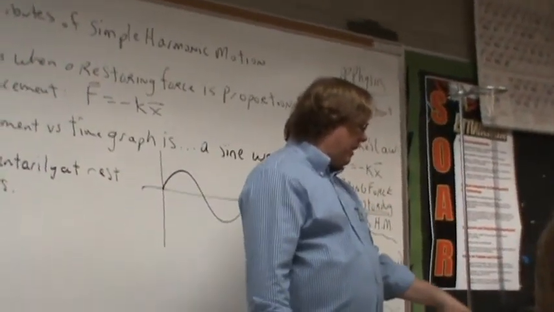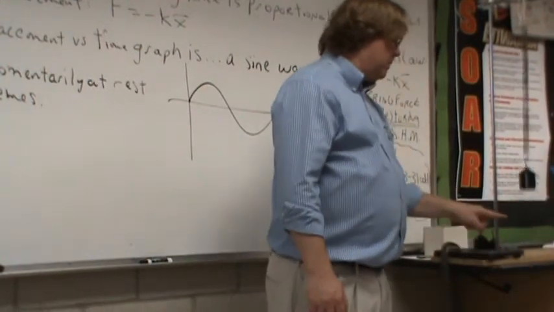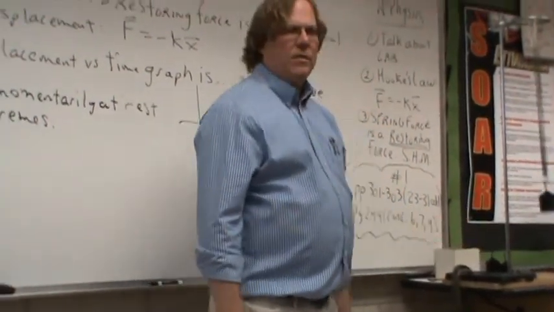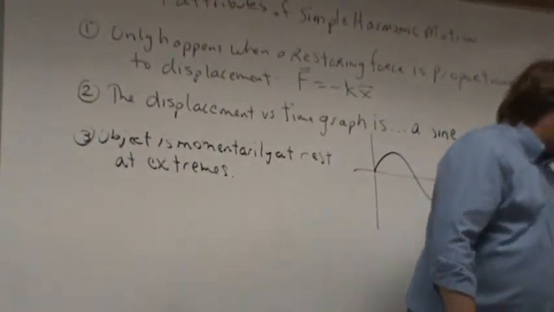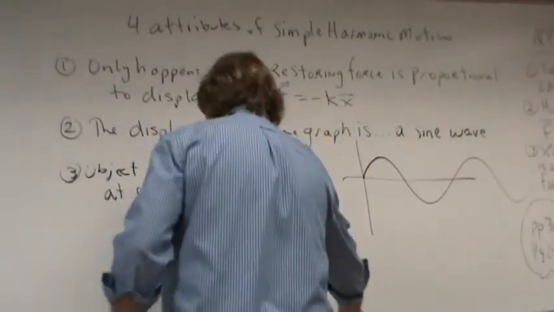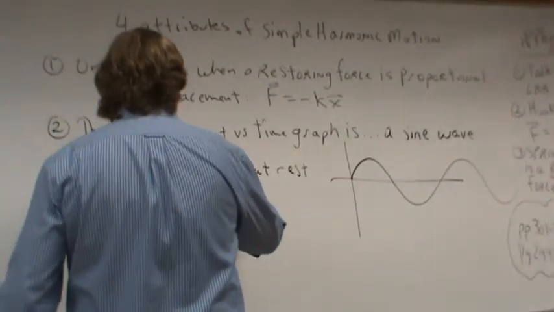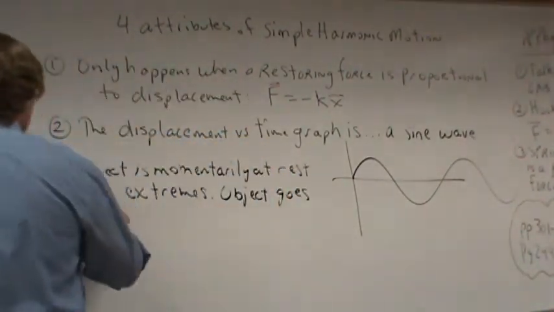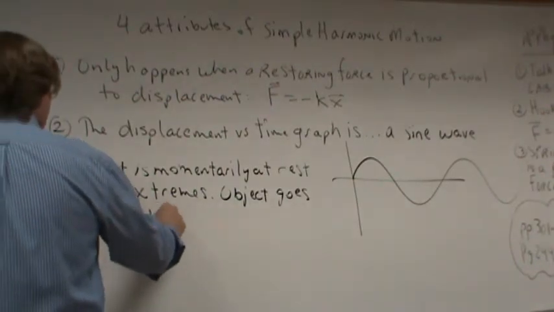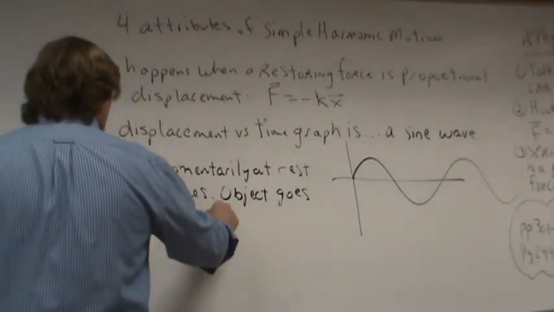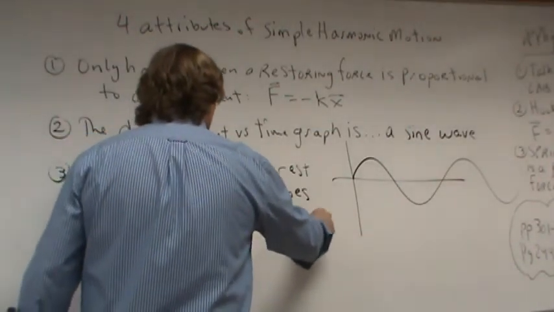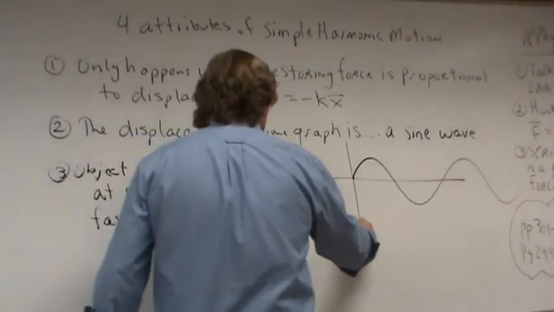Is there anybody thinking it's going fastest at the middle? Okay, it's going fastest at the middle. That is, the object goes fastest at the equilibrium position. That is the middle.